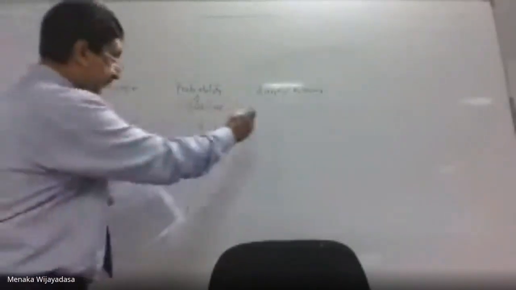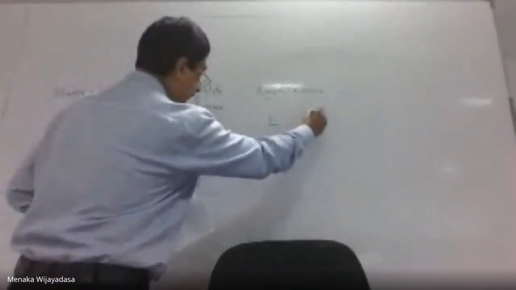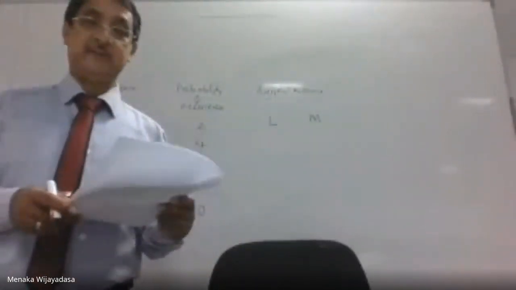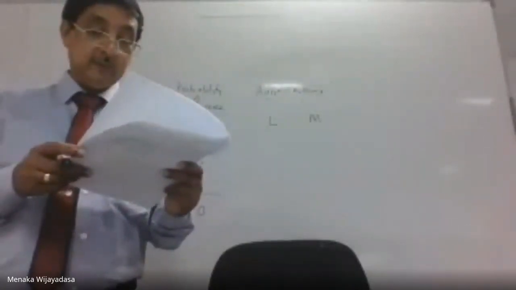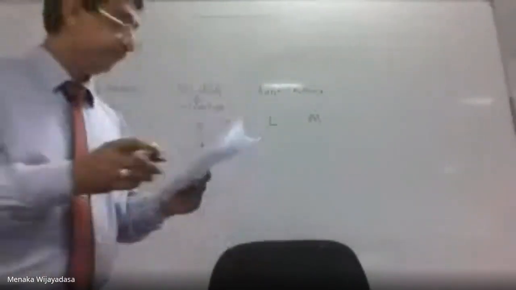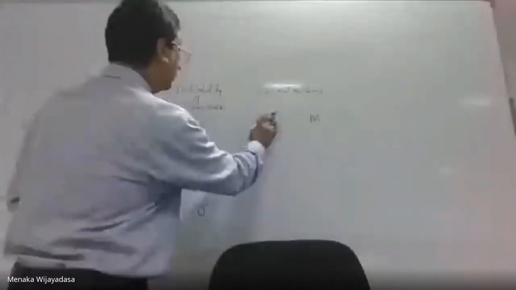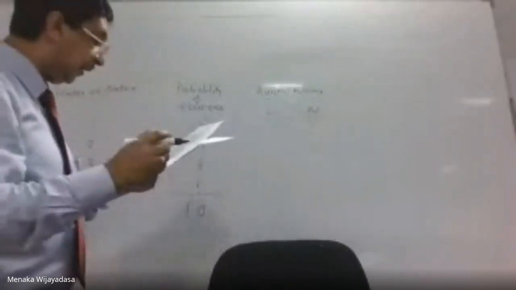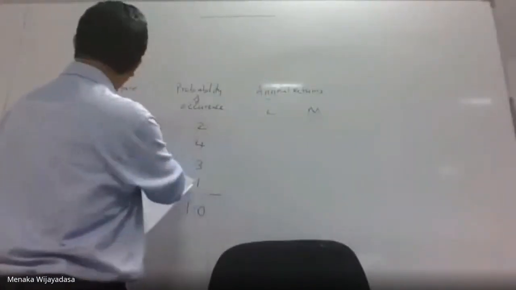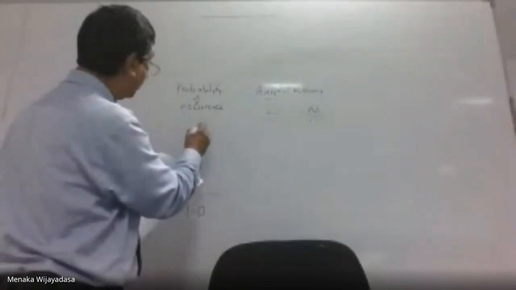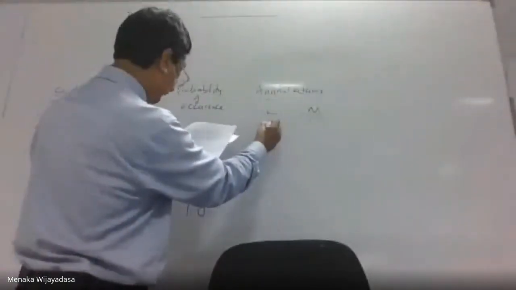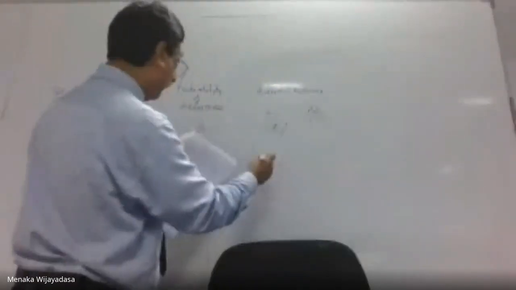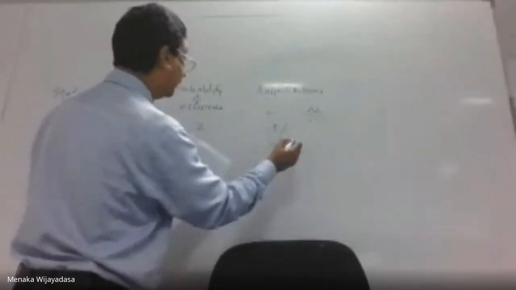Then annual returns, L and M. These annual returns are all estimated annual returns, as given in your lesson. Now I will put the returns of L. When state of nature 1 happens, with the probability of 0.2, the annual return would be -5%. Then it is 10%.